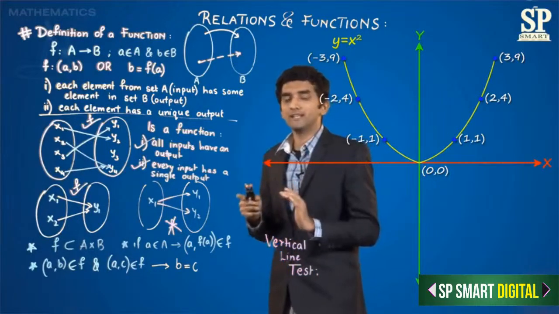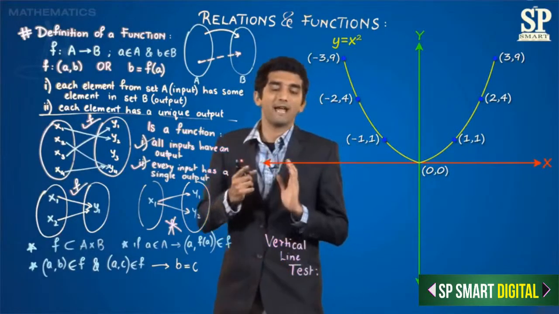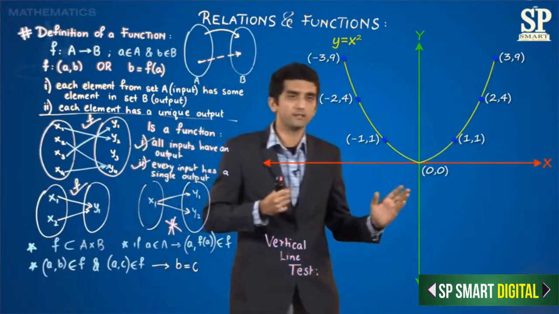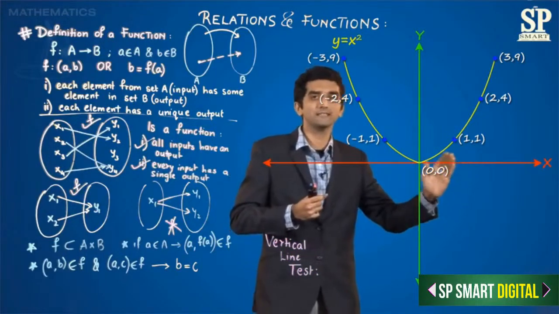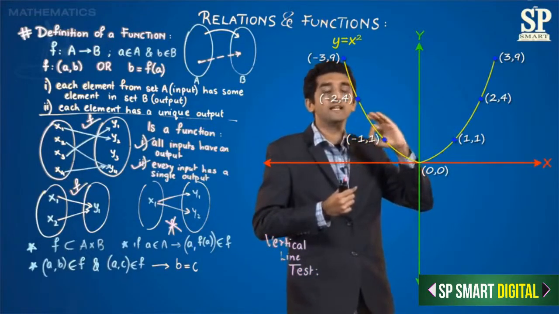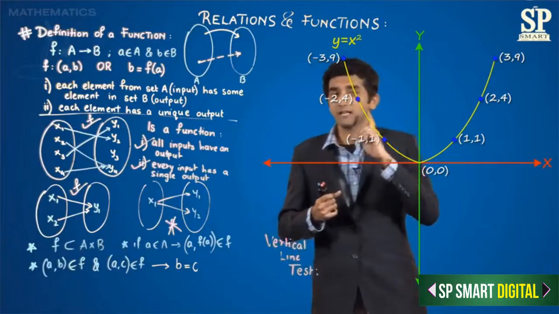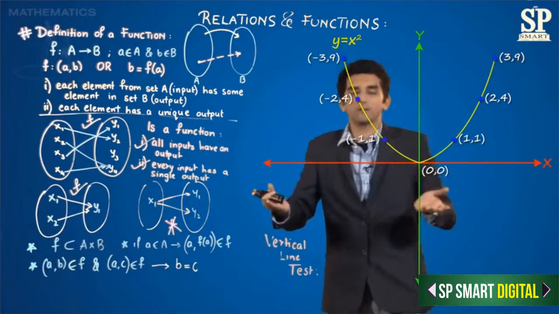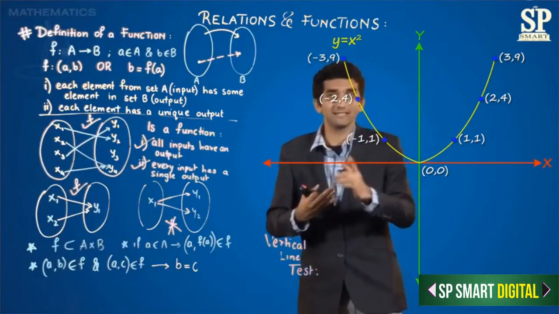So, if a vertical line is drawn on the graph, at any particular point on the x-axis, and if it cuts the graph at more than one point, then it becomes not a function. So basically it's not a function in that case, right?